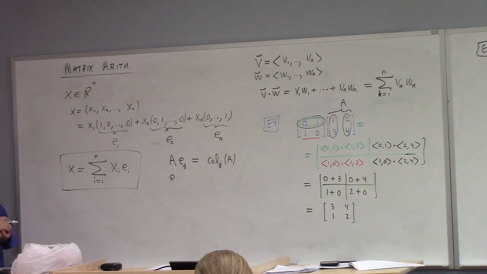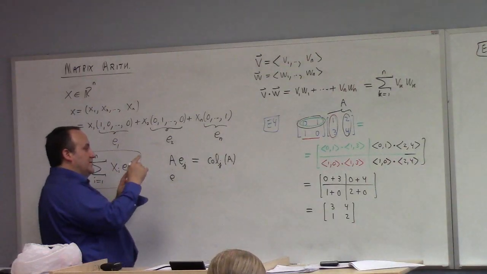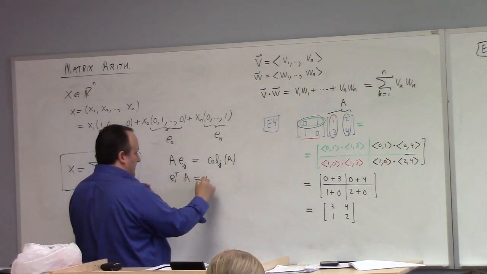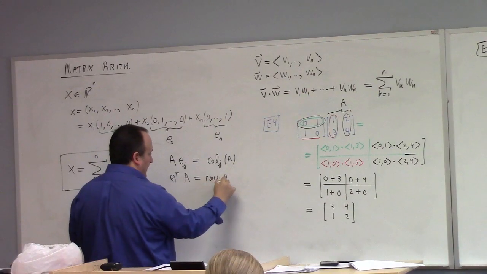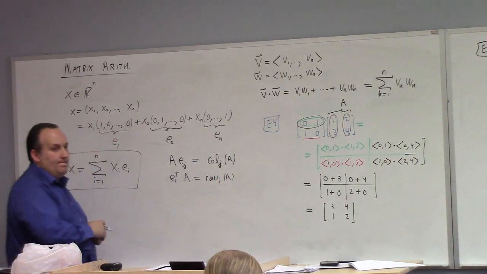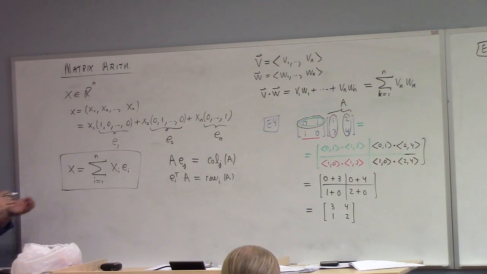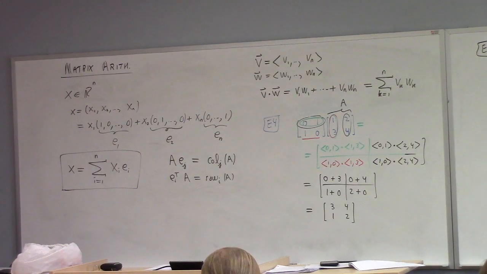It would be impossible to define transpose if we insisted on i always being the row index. Anyway, e_i transpose times A, guess what? That's row i of A. Now I could prove these, but I don't think you guys really want me to. It's a straightforward matter of chasing down our definitions and working out how it works.